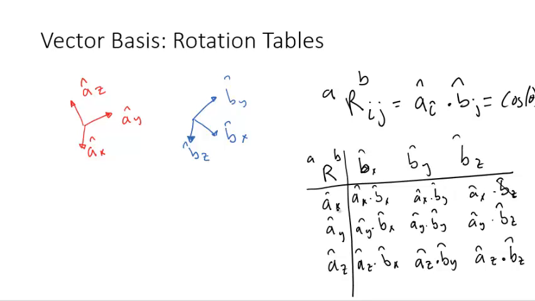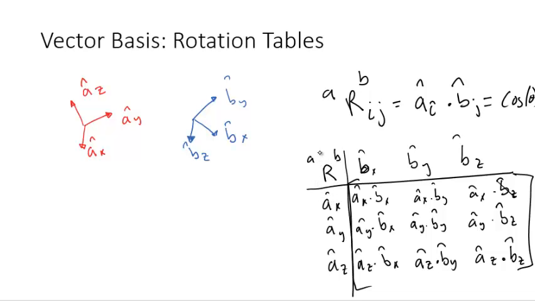The 1-2 entry is AX dotted with BY. Using this format, you can generate a 3x3 matrix that will be your rotation matrix to describe the rotation of the bases from A to the bases B. This will be very useful for complicated three-dimensional problems that are described by more than one basis.